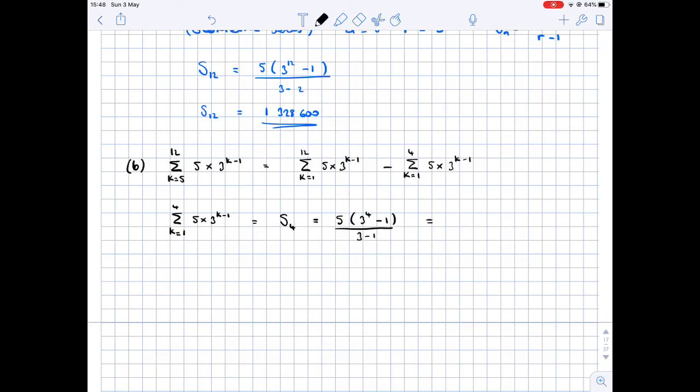So this gives us a total of 200. So therefore our answer is equal to 1,328,600, take away 200, which gives an answer of 1,328,400.